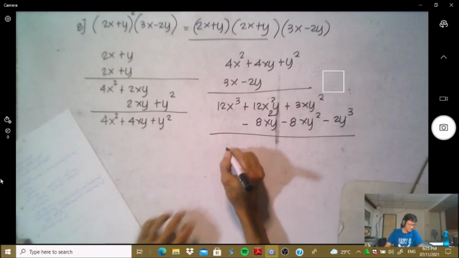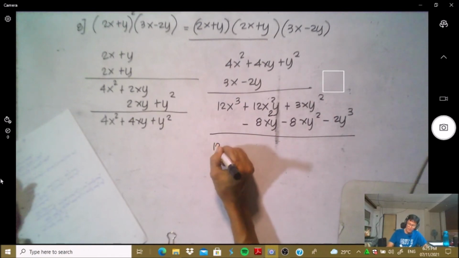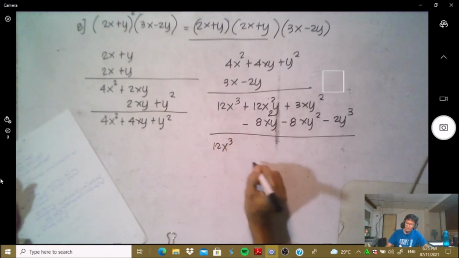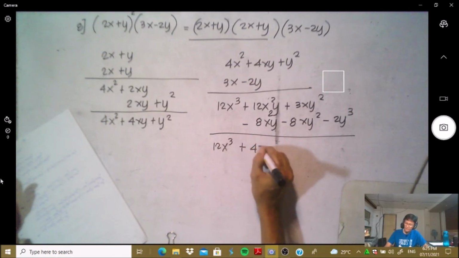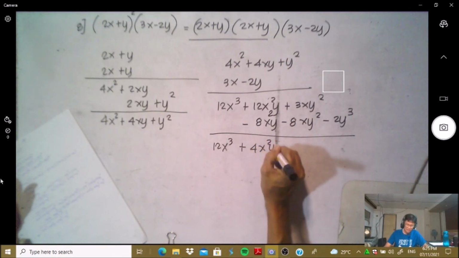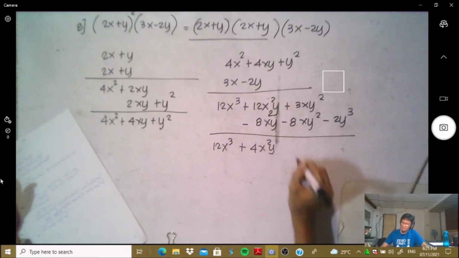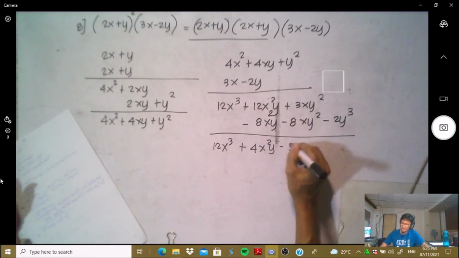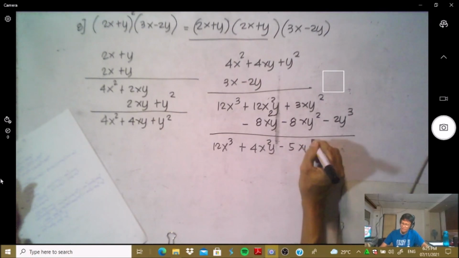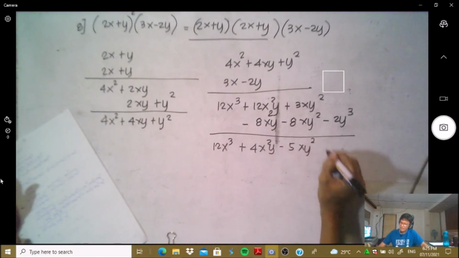So we have 12x cubed. Okay, then plus 12 minus 8 is 4x squared y. Then minus, we have negative 8 plus 3 is negative 5xy squared. Okay, then minus 2y cubed.